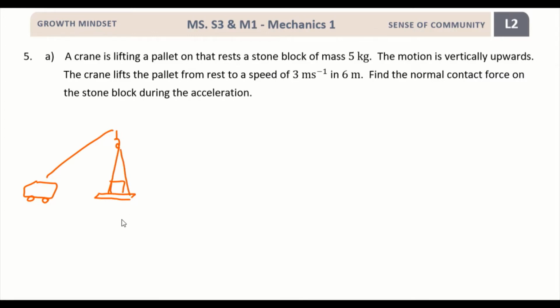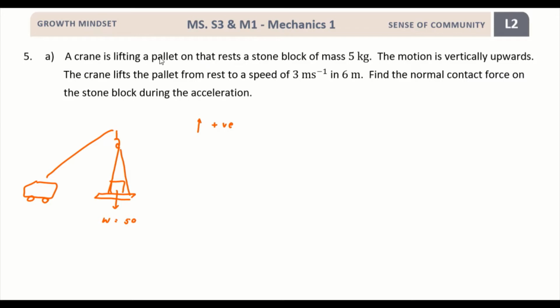Okay, so now we have the mass of 5 kg. So this is going to create a weight of 550 Newton. Okay, so the motion is vertically upwards, which means what the crane is trying to do is lifting it up. So to make it easier, we can just make going up as positive.